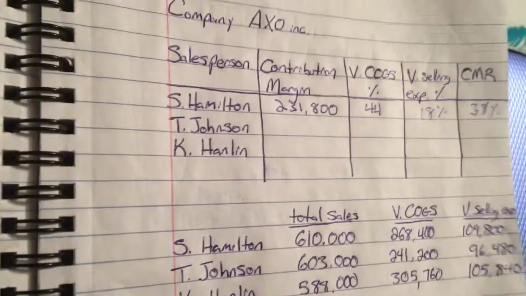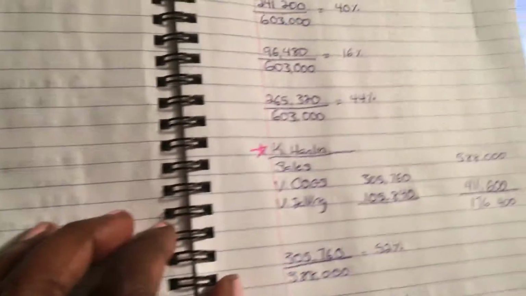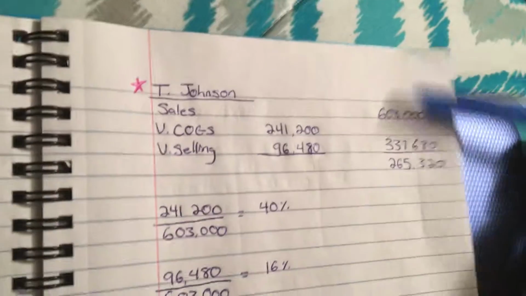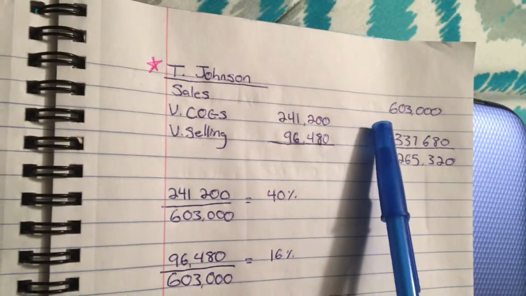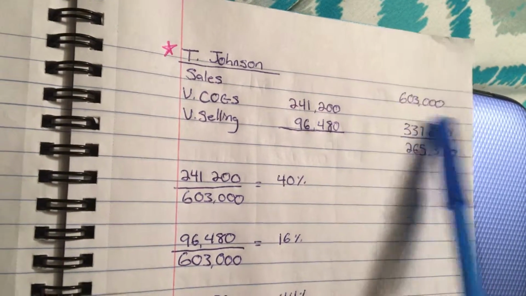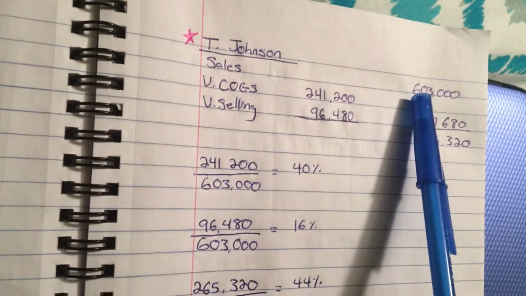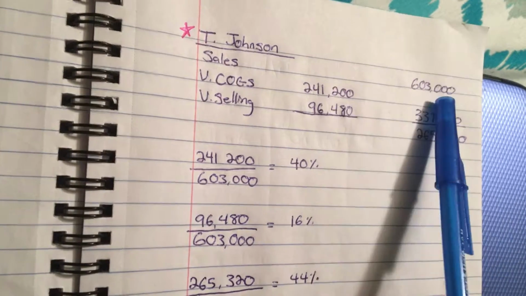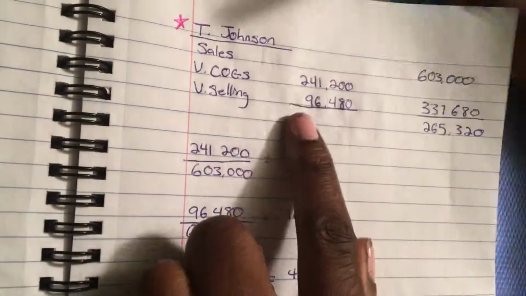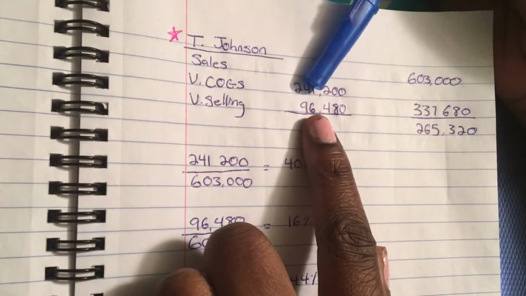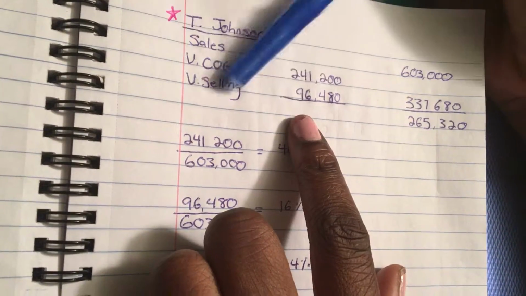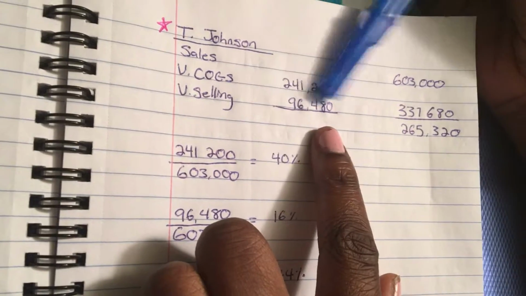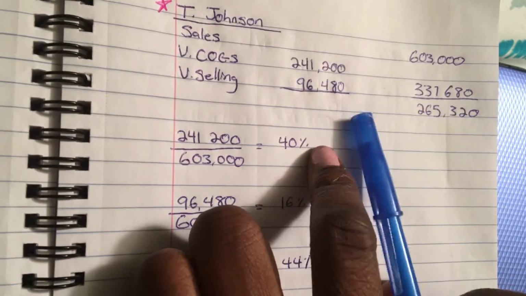All right. For both Johnson and Hanlon, I have the answers already provided for you. Johnson had sales of $603,000. Her variable cost of goods sold is at $241,200, and her variable selling is at $96,480.